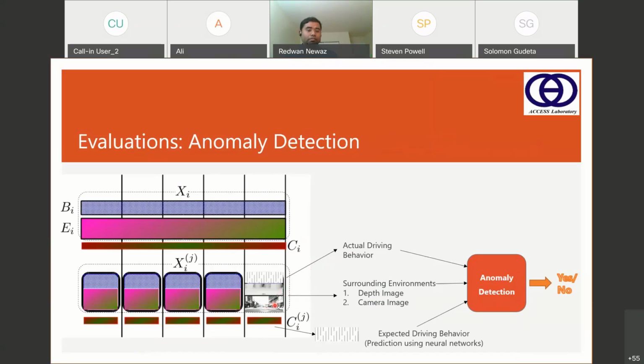So we feed this information to our neural network, and the neural network comes up with the expected behavior for the driver, which in the previous case was the human score. So here we don't have any human score. Instead we have a prediction from the neural network, and this information is fed to the anomaly detection module. Then the anomaly detection module compares your actual driving behavior and the expected prediction from the neural network and concludes whether this behavior is anomalous or not.